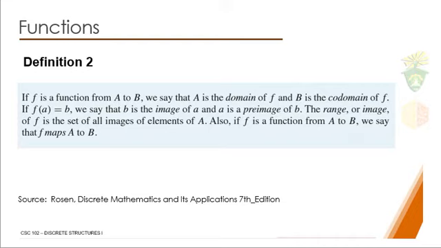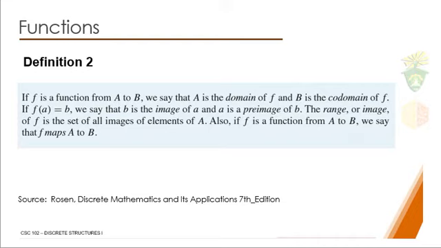So, another definition, if f is a function from set A to set B, we say that A is the domain of f, or of the function, and B is the codomain. If f(a) = b, we say that b is the image of a, and a is the pre-image of b.